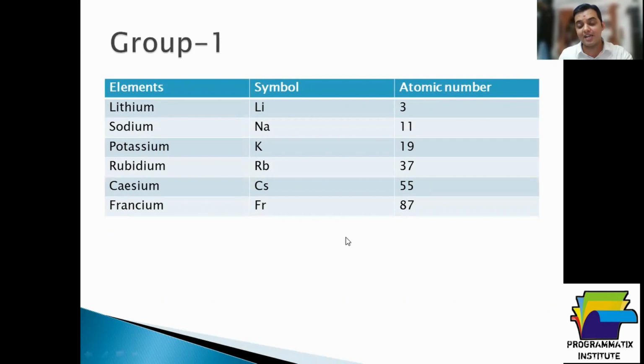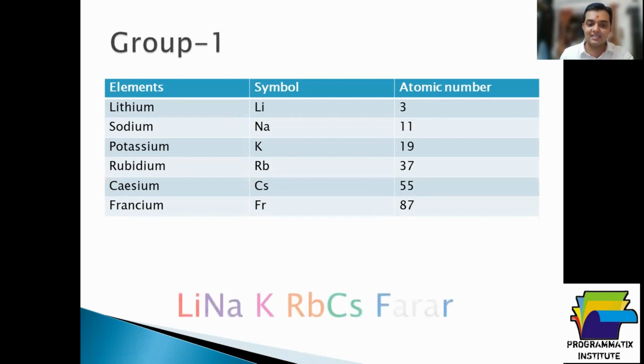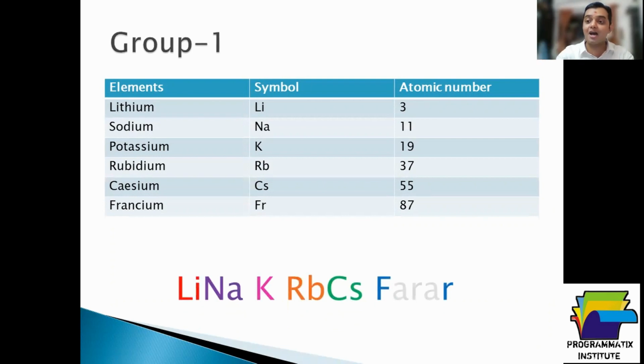My first mnemonic is "Lina ke RBCs Farar." Li stands for lithium, Na stands for sodium, K stands for potassium, RBCs, red blood cells, where Rb is rubidium, Cs is cesium, and Farar ka Fr is francium.